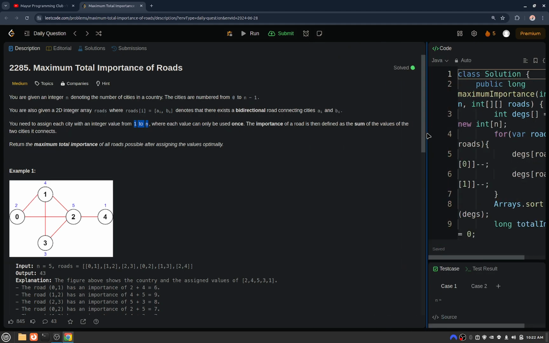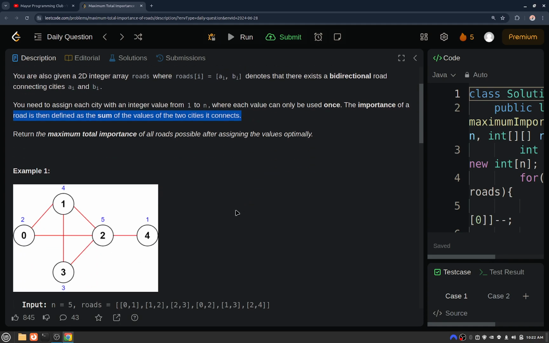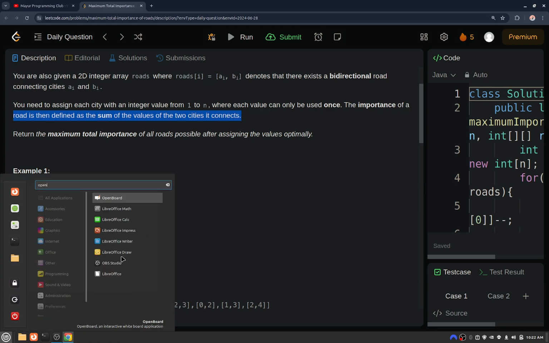Then it is mentioned that the importance of a road is defined as the sum of the values of the two cities it connects. So for example, let's take it to the board to understand it a little more clearly.